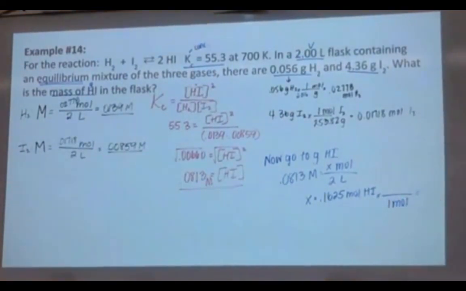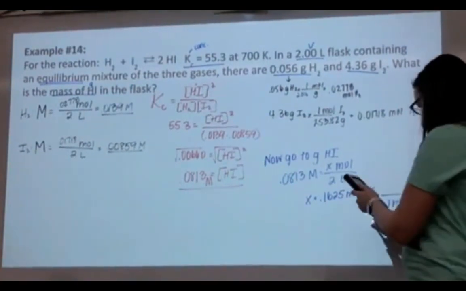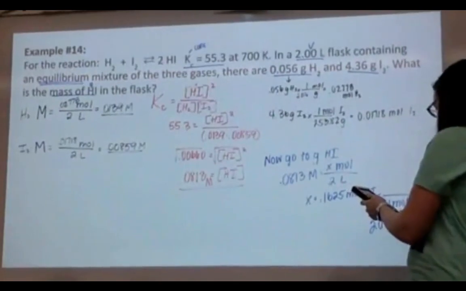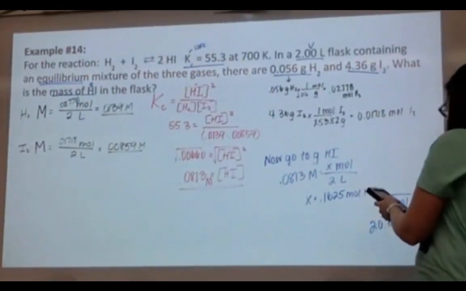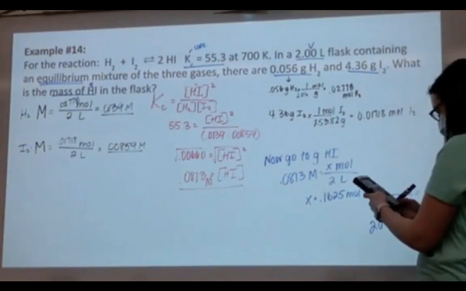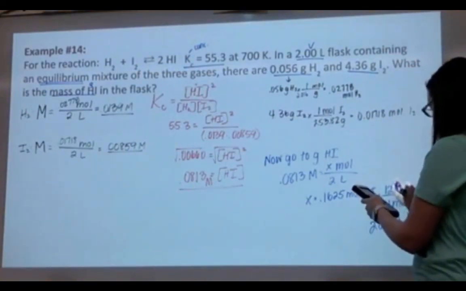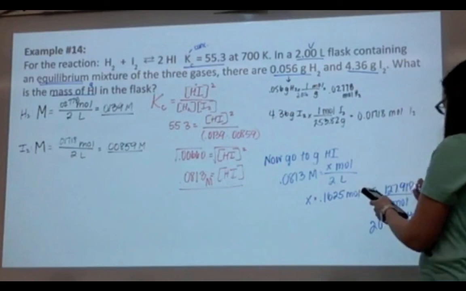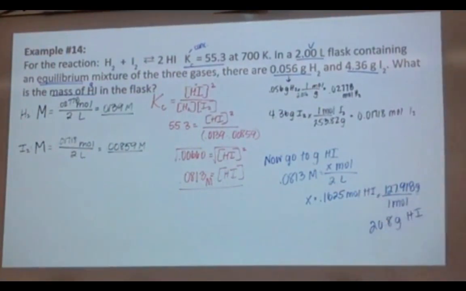So this question is really more stoich than anything. So 1.008 plus 126.91, 127.918 grams is the molar mass of HI.